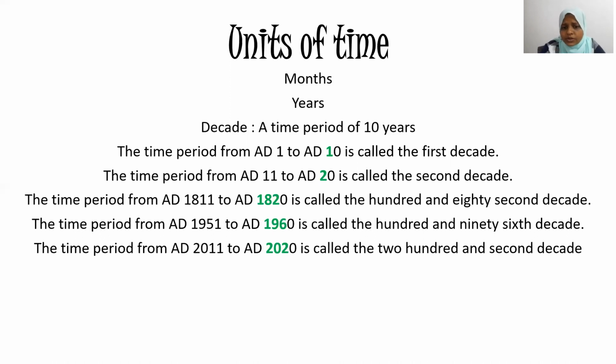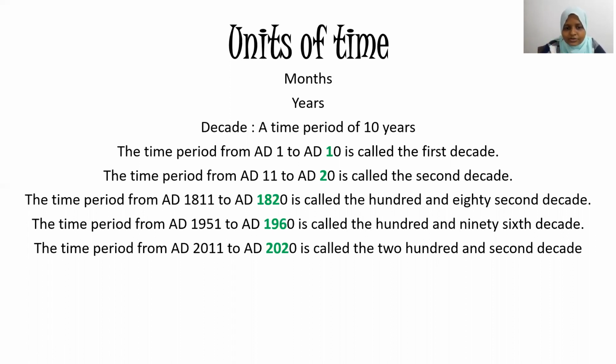So AD 1 to AD 10 is called the first decade, and AD 11 to AD 20 is called the second decade. This is just theory. The question you will get is, they will give you a particular year and tell you to name the decade. Which decade is it?